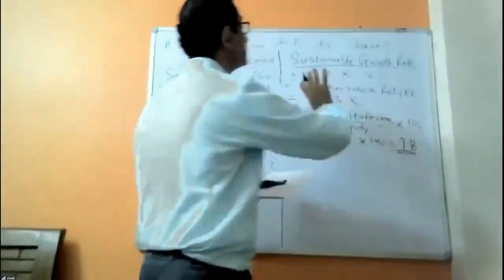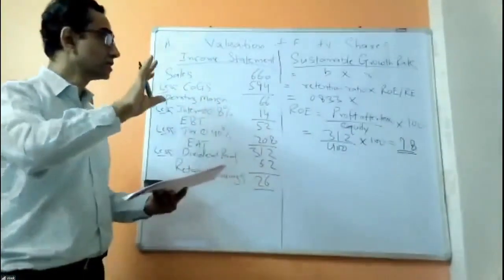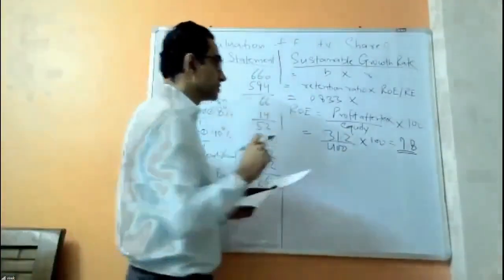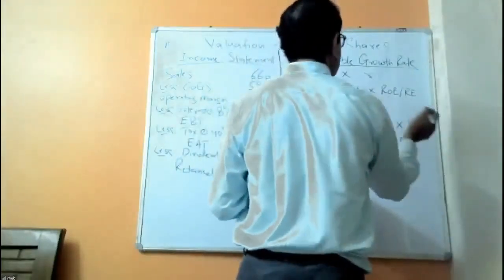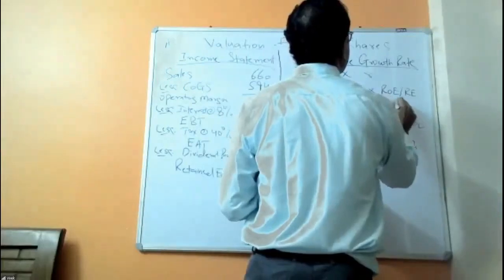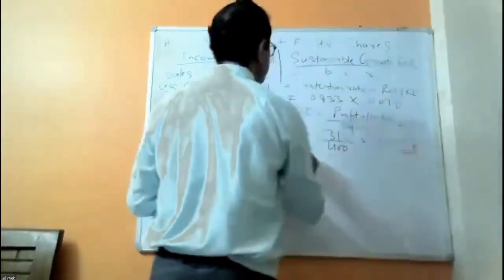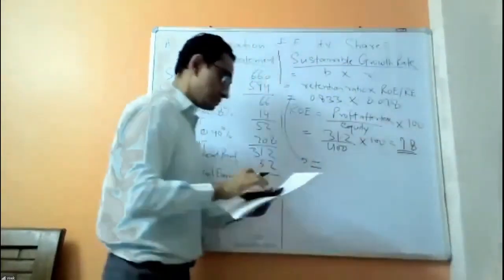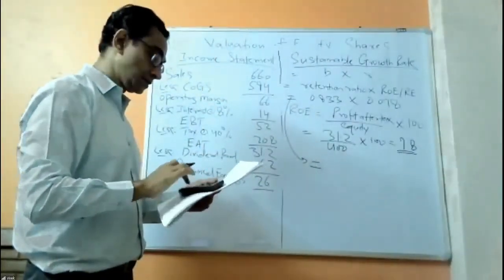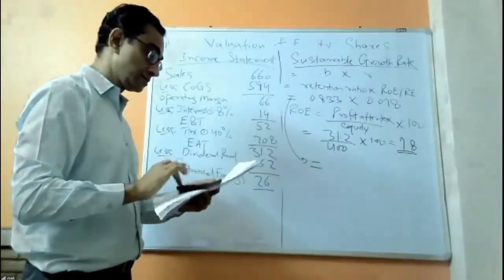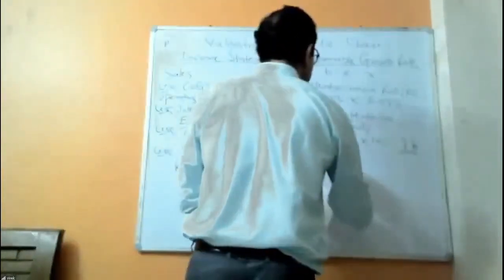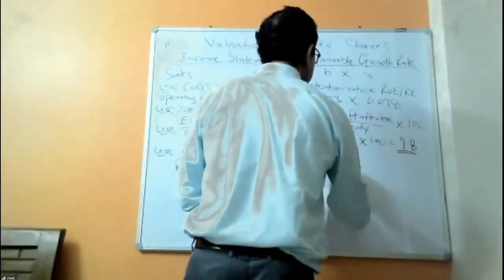Now we have got the retention ratio and the return on equity. Let us calculate it. 0.8333, the retention ratio, multiplied by the return on equity, is coming to 6.49 or 6.5.